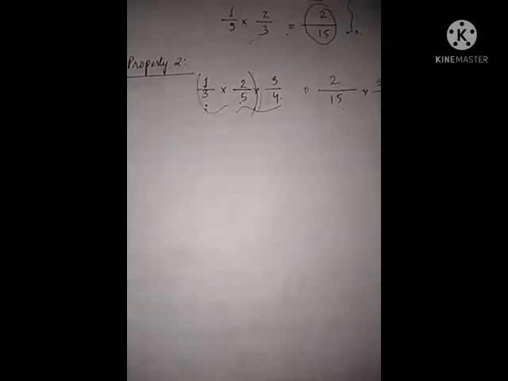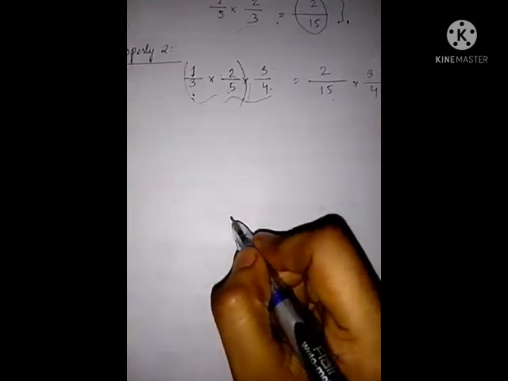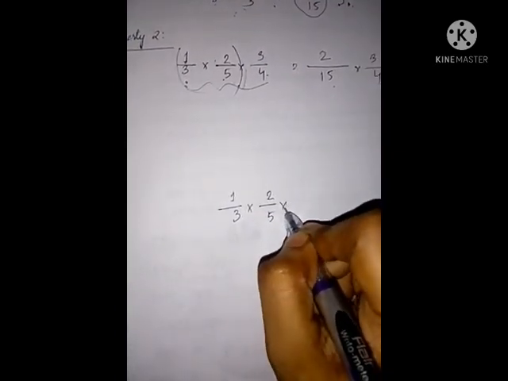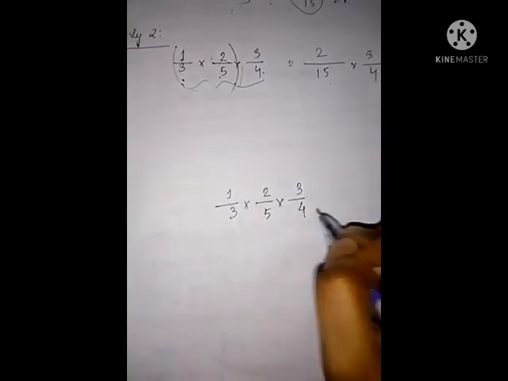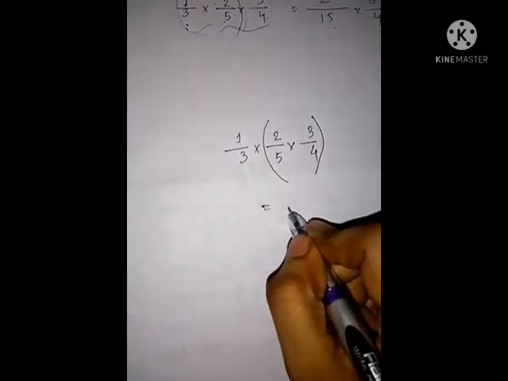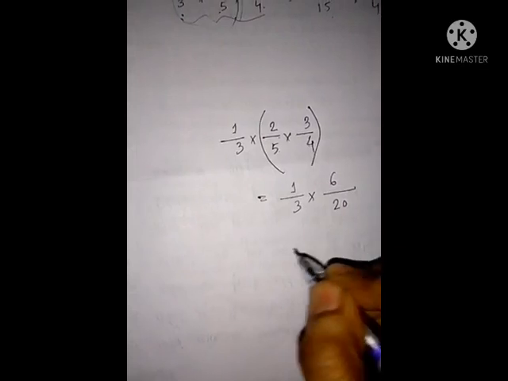fractions, and now I am going to group the second two fractions. See, 1 by 3 into 2 by 5 into 3 by 4. Now I am going to do this part first. See what happened. 1 by 3 into 5 4s are 20, 2 3s are 6.